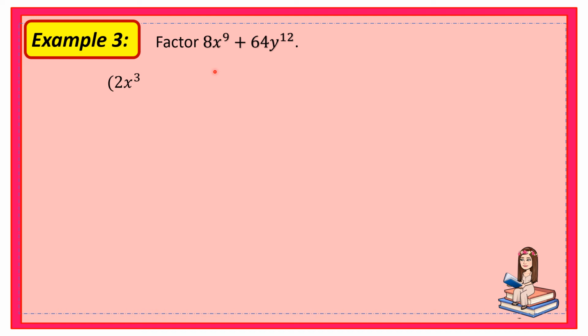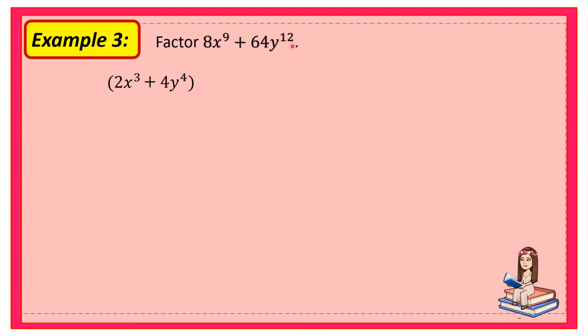Next, copy the operation. This is positive, so this is also plus. And then you get the cube root of the second term. The cube root of 64 is 4. The cube root of y to the 12 is y to the 4th. Kasi we divide the exponent by 3. So that is 4y to the 4th.